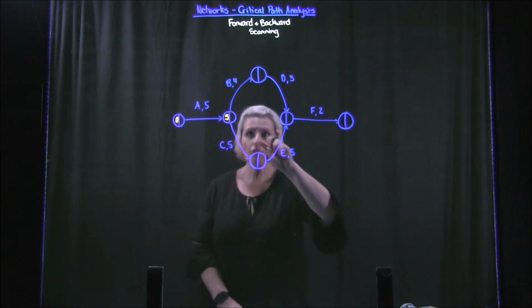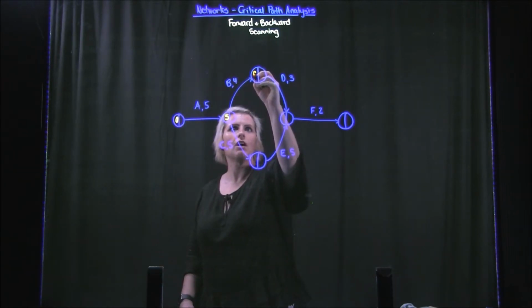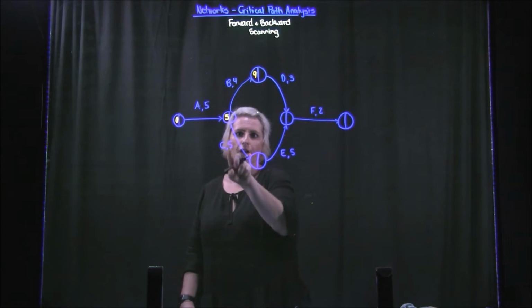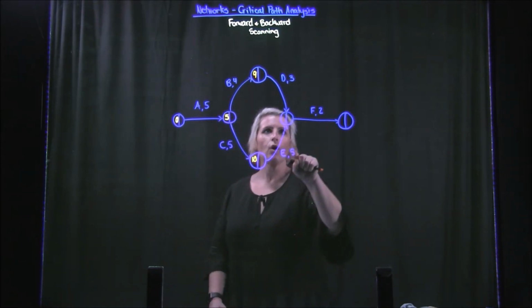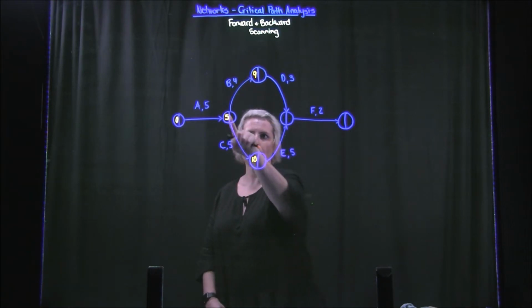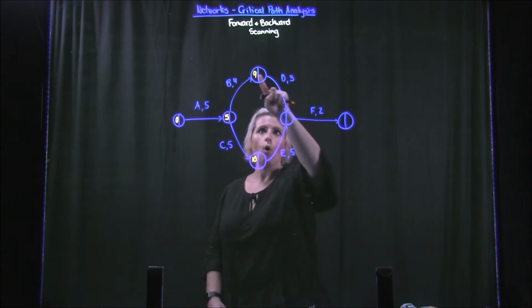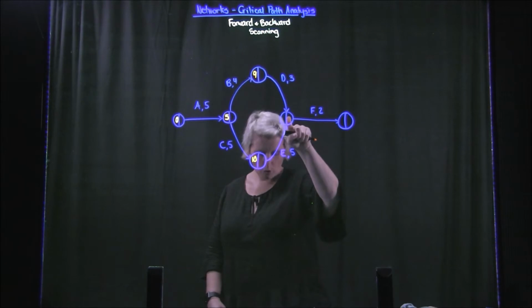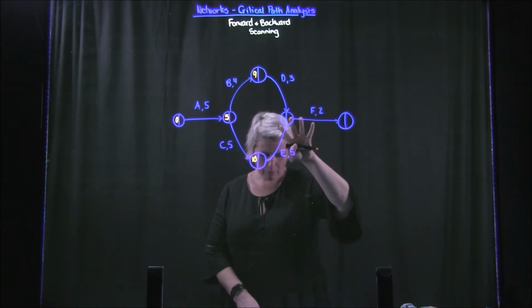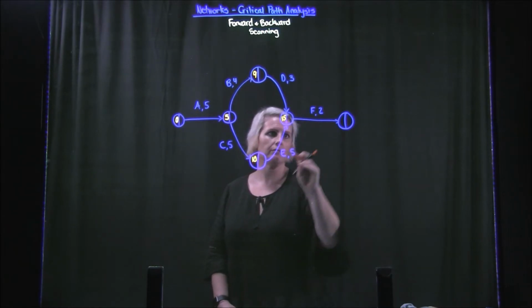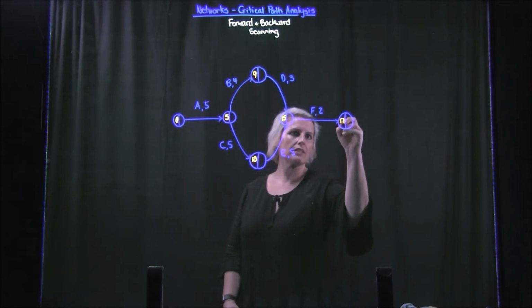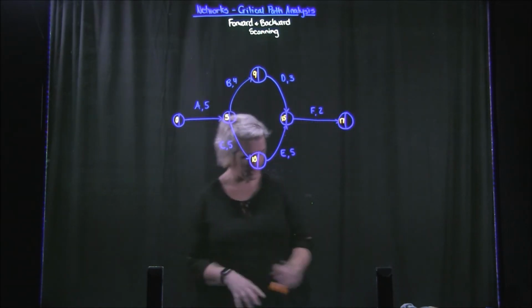Then we've got 5 and 4, which is 9. 5 and 5, which is 10. And then we've got another 5 here, so that would be 15, or 9, 10, 11, 12. So 15 or 12, remembering that we need to go with the bigger number, so that would be 15, and then 2 more, 17. Okay, so that's forward scanning.